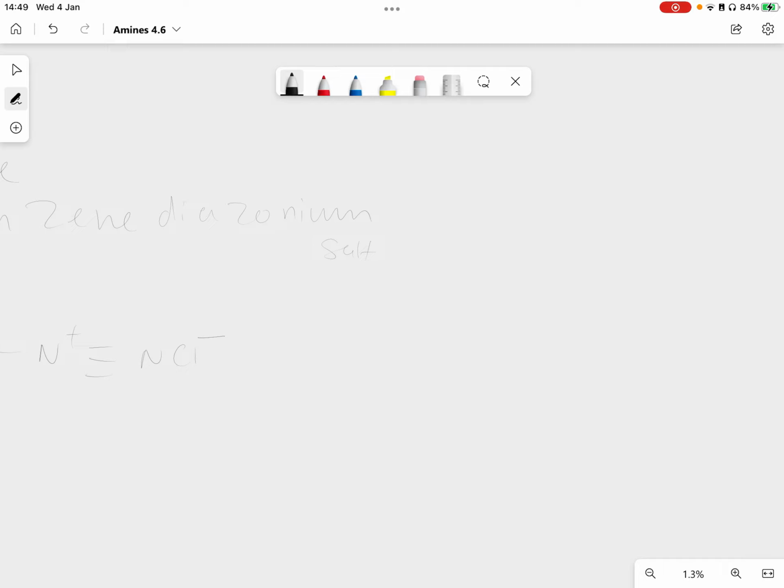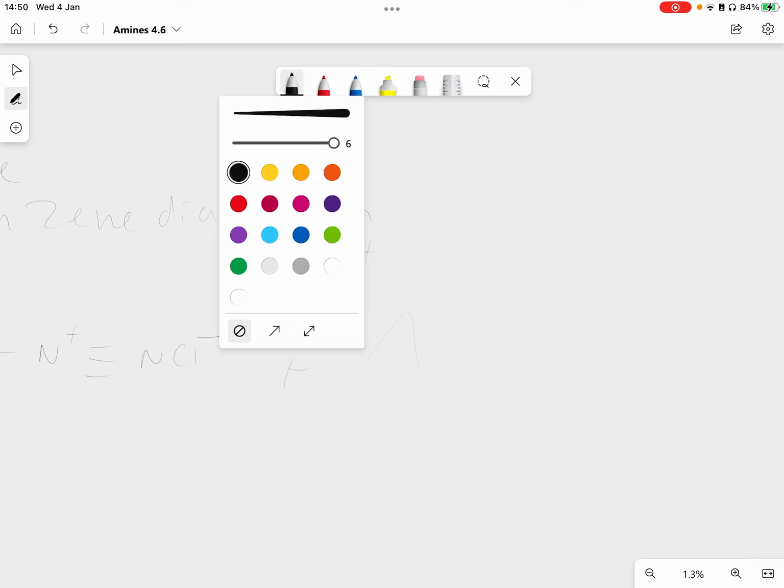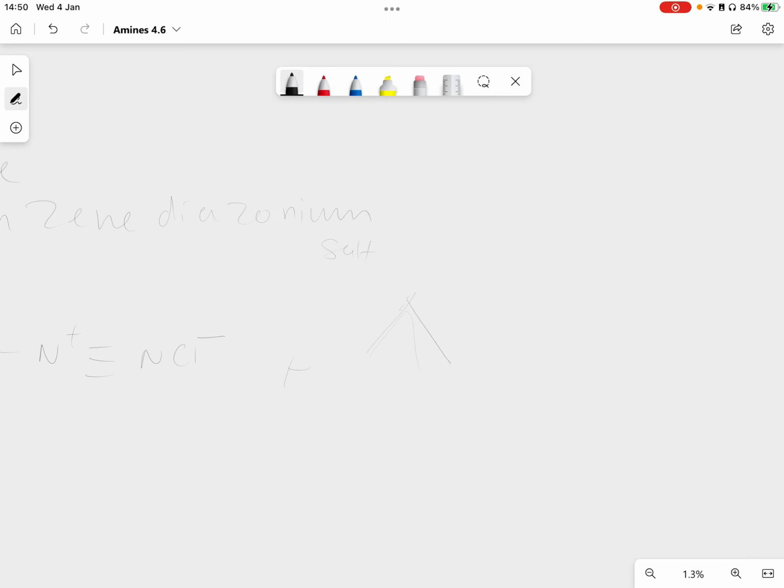So if you react this with a phenol, in alkaline conditions, NaOH, strong base, alkaline, we're going to form this azo group.